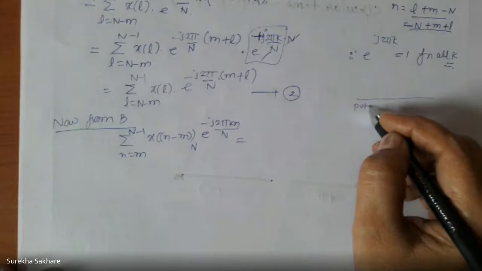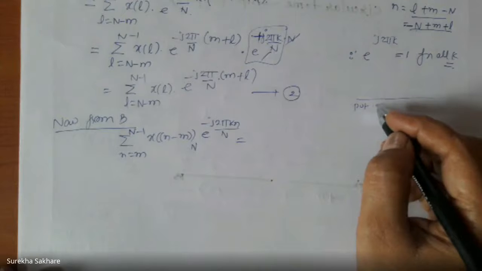Now we have n minus m plus N is equal to L.